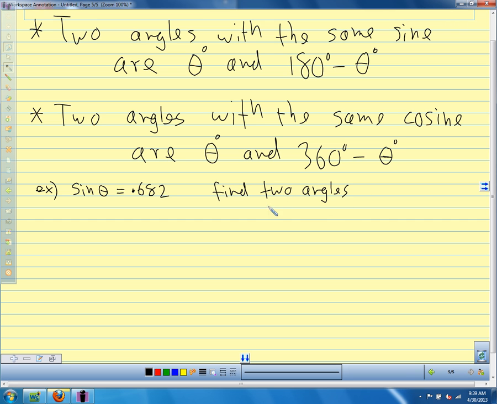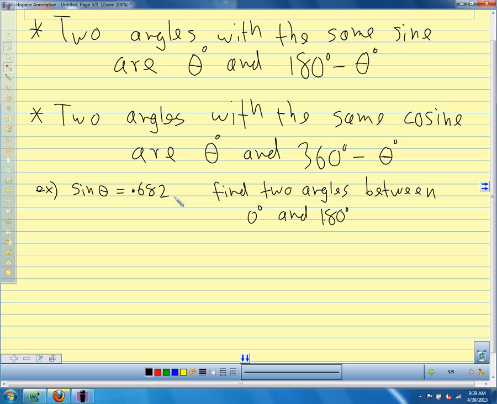The fact that it says two angles is a clue. So we want to find two values for theta between 0 degrees and 180 degrees.